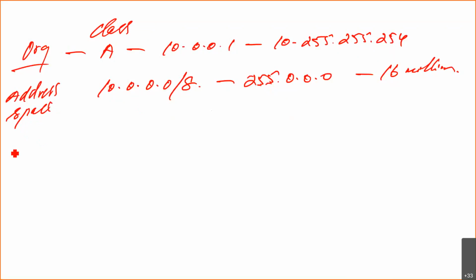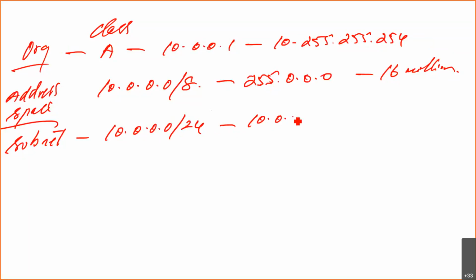If I go for the subnet option, I will use class A 10.0.0.0/24. The full range is 10.0.0.1 to 10.255.255.254, but here I will get the subnet mask 255.255.255.0.